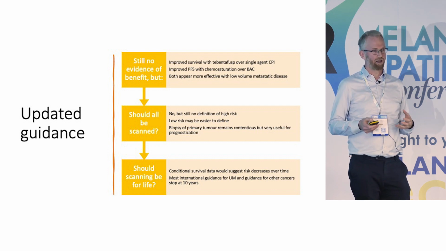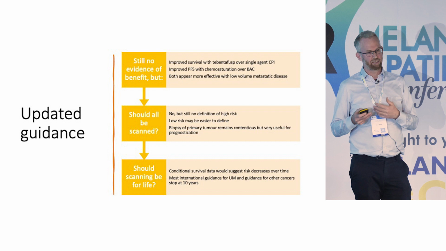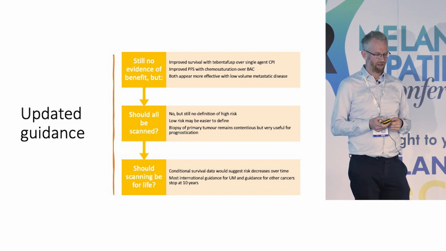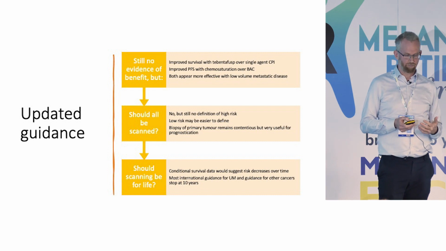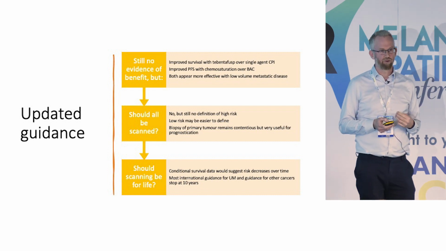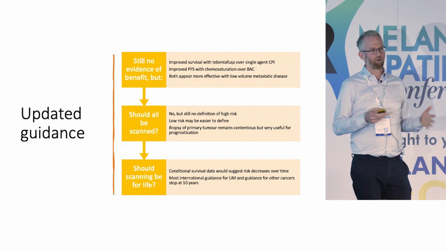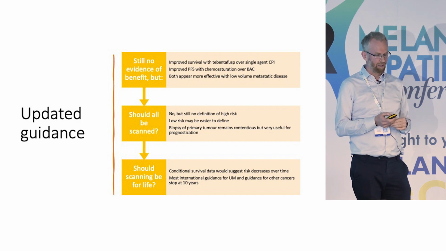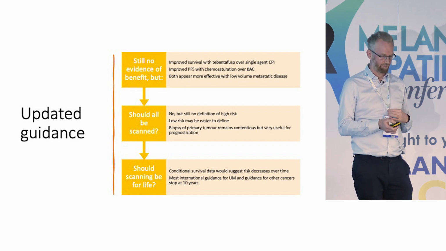So as we're gaining treatment options, identifying early disease makes sense. The consensus was that not all patients should be scanned because often the risk is very low and it is over many years. But it was very difficult to agree on what the category for high risk was, so the decision was more around defining what was lower risk.